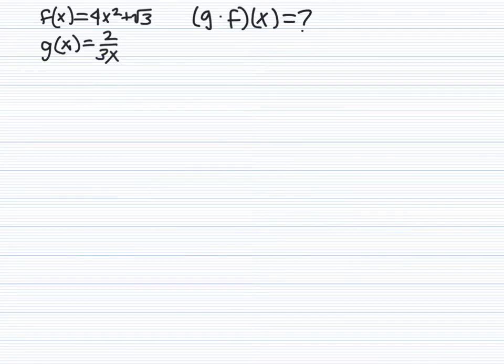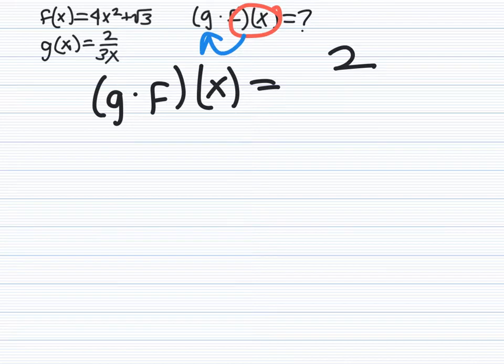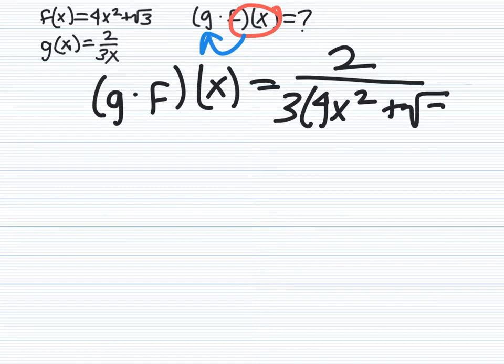Our next example is very similar to the first. You'll have two functions, f of x equals 4x squared plus root 3, g of x equals 2 over 3x, and then the question will be g of f of x equals what? Now remember, you're taking the f of x function and plugging it into the g. So g of f of x equals 2 over 3 times (4x squared plus root 3).